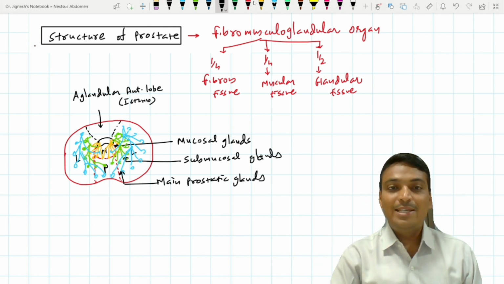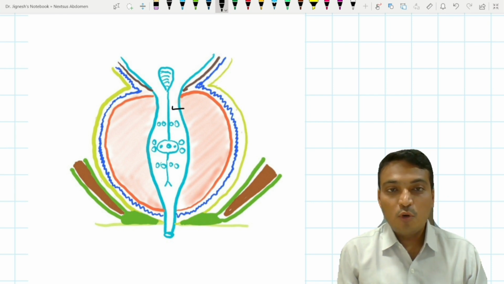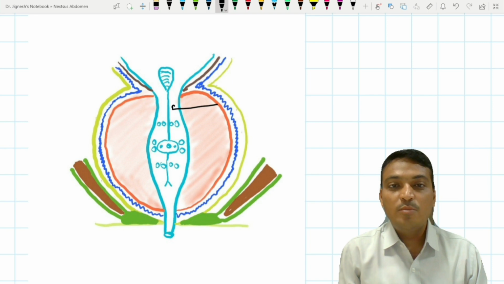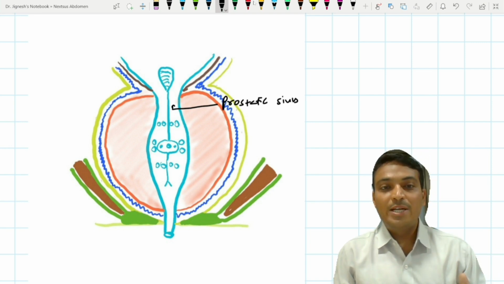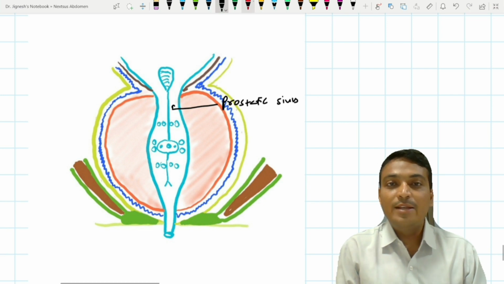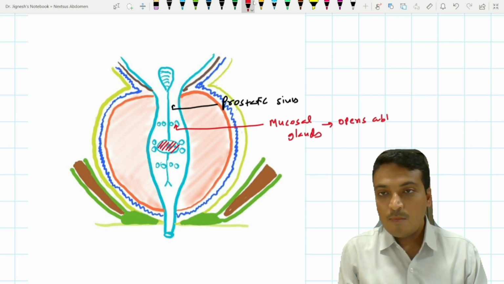So for that, let's see the coronal section. This is the coronal section of the prostate with the prostatic sinuses on each side of the prostatic crest. All the glands of the prostate open into the prostatic sinus. Out of them, the mucosal glands open into the prostatic sinus above the colliculus seminalis.